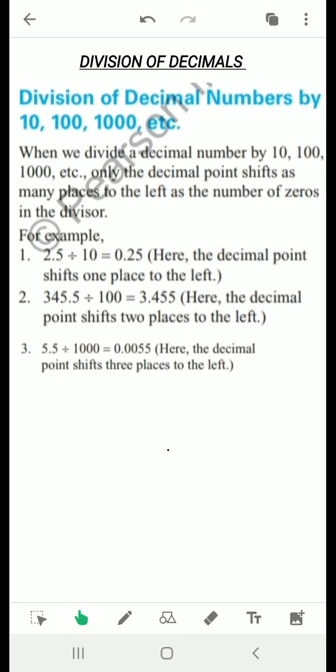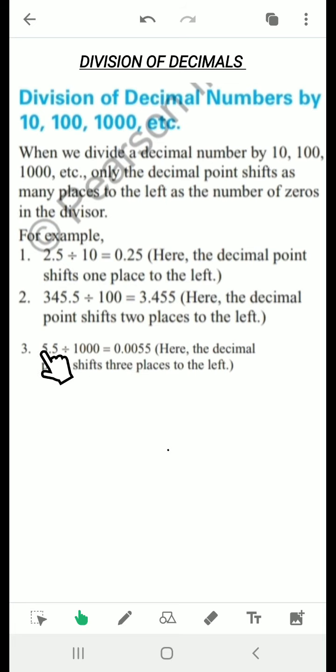Similarly here, 345.5 divided by 100. Now there are two zeros, so we will shift the point two places to the left, so it will be 3.455. Similarly there is 1000. Now 5.5 divided by 1000. Here also we will shift the point three places to the left, but on the left we have only one digit, so two places are left, so we will put two zeros before that.